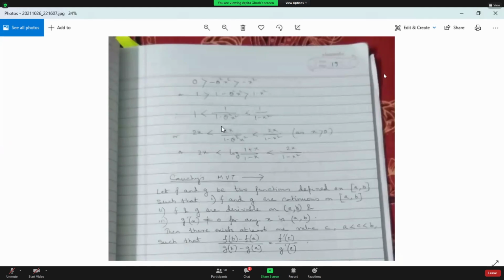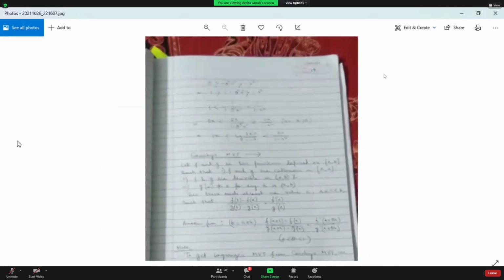Now, our expression was 2x by 1 minus theta square x square.